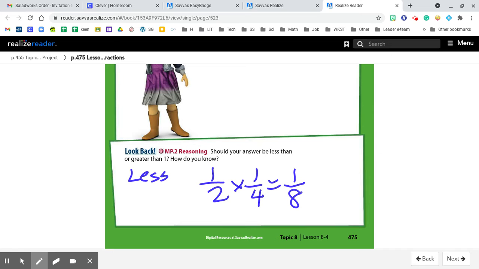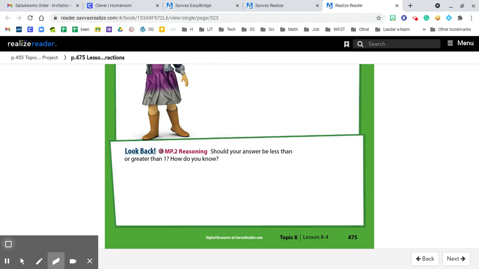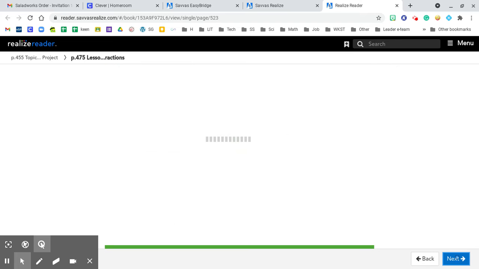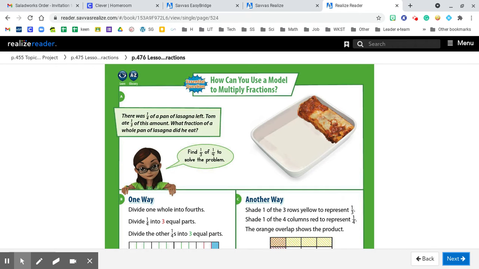You'll wind up with a smaller piece at the end. So you have a quarter of a half, which winds up being an eighth. Fraction times a fraction, your value will be less than 1. You can't take half of a half and get more than a whole.